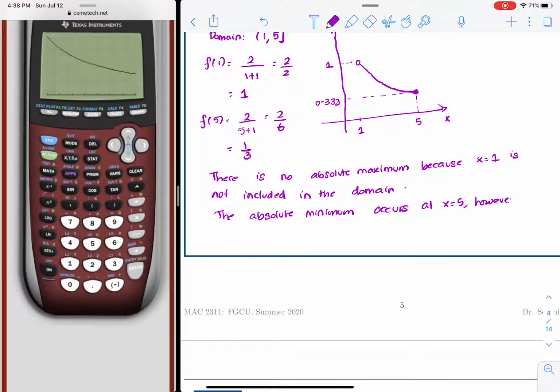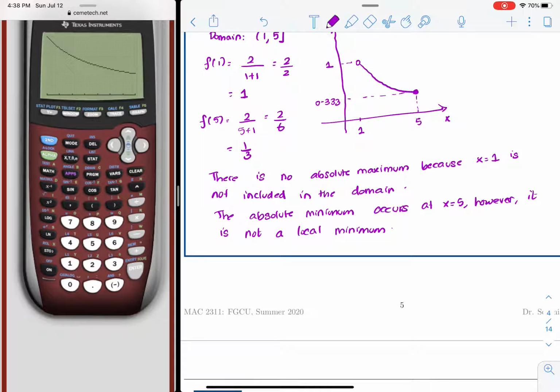However, it is not a local minimum. Why is that? You can only form a local minimum around a particular point if you can have an interval, but there isn't such an interval, so we can't say that there would be a local minimum at x is equal to 5.